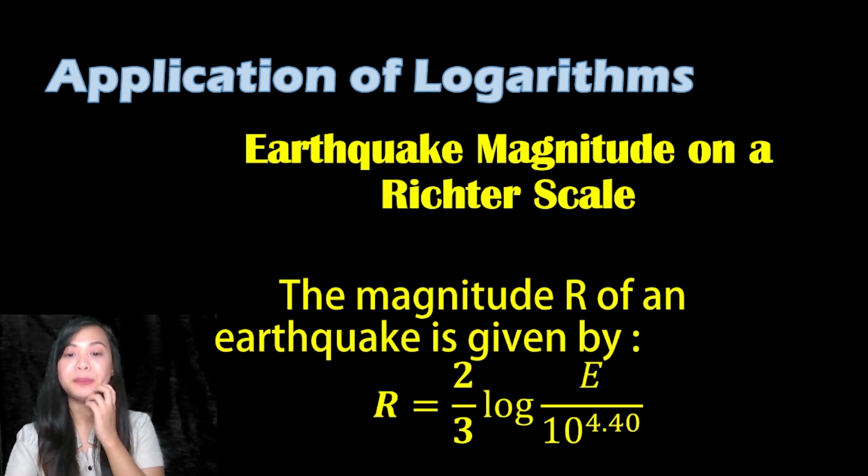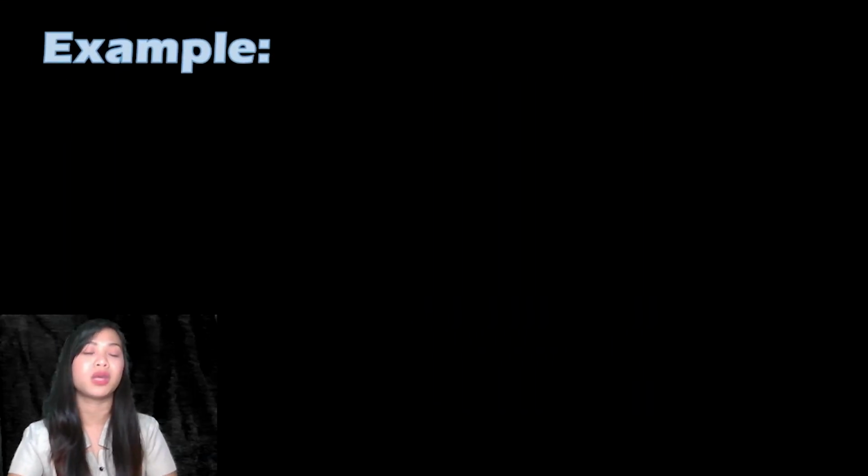Let's have an example of how we can use the Richter scale in getting the magnitude of an earthquake. When we hear the news, we hear the magnitude of the current earthquake, according to PHIVOLCS. We have magnitude 6, magnitude 7, magnitude 4.4, and so on.